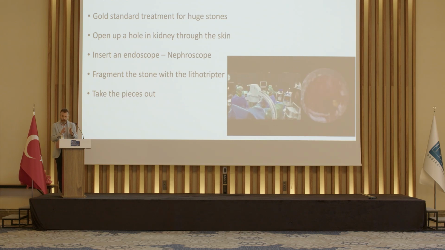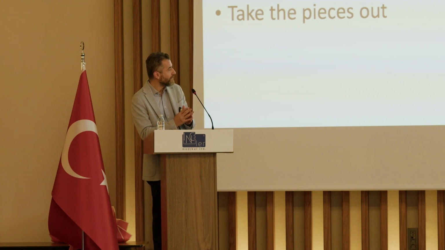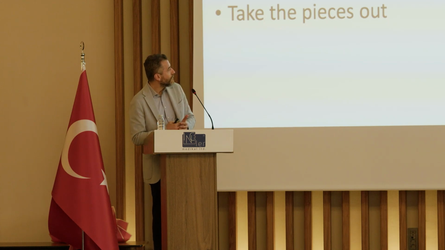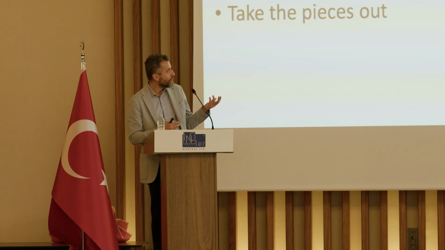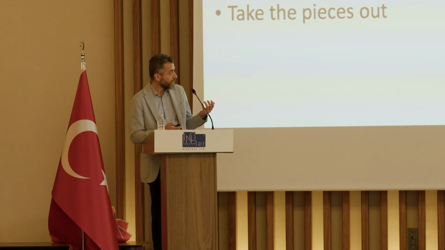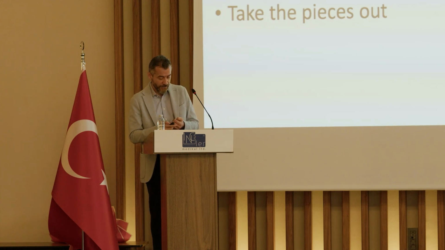We see the stone with our endoscope. Then we fragment the stone with a certain energy and take the pieces out through the sheath or the working channel. So in order to do a good surgery, we definitely need an efficient lithotripter, and also we apply different surgical techniques during these procedures.